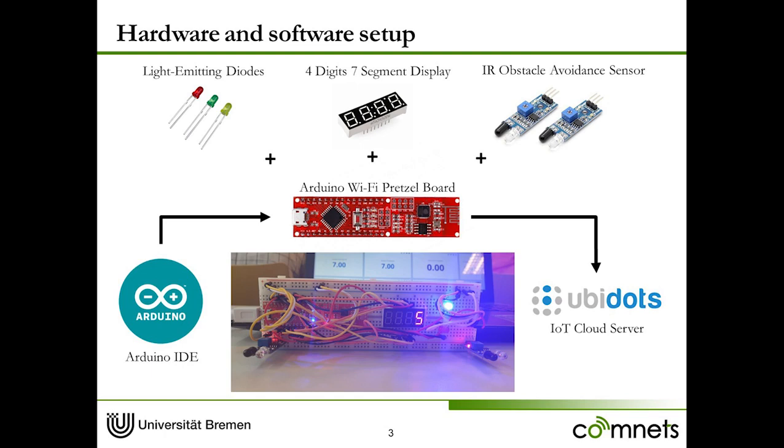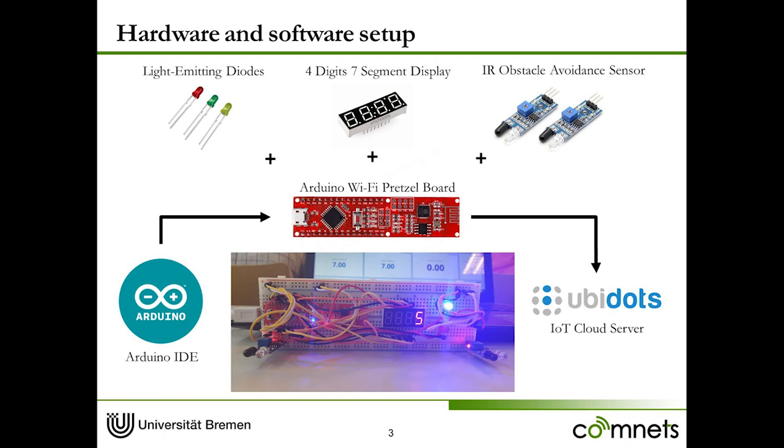This project is mainly based on the Arduino Wi-Fi pretzel board, to which we added some sensors and actuators to achieve certain functionalities. For example, we added LEDs to show a visual state of the parking space. We also added the 7-segment display to give a more specific visual display of the parking capacity.